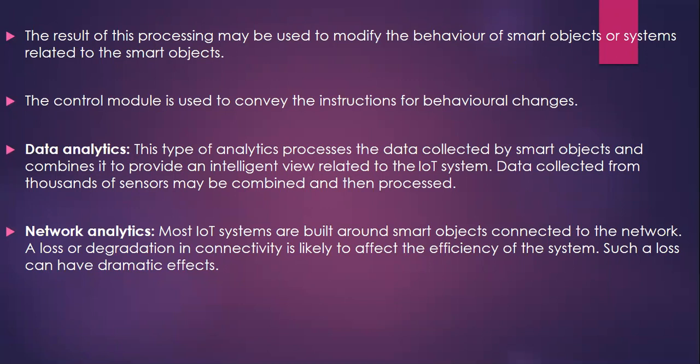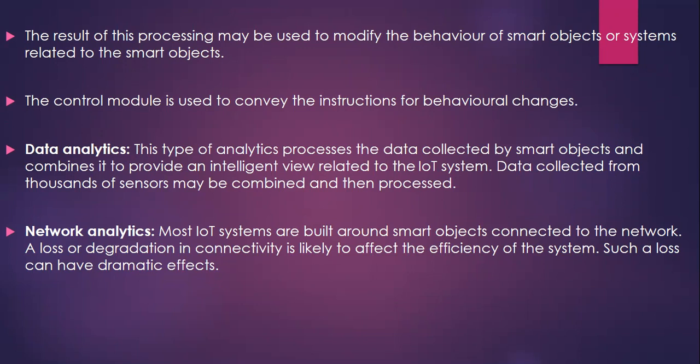Data collected from thousands of sensors may be combined and then processed. So the information we are grabbing from thousands of sensors should be collected in one location. After taking the opinion from all the sensors, we need to come to a final conclusion. That is part of data analytics.